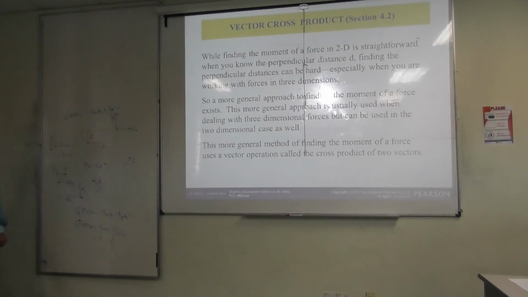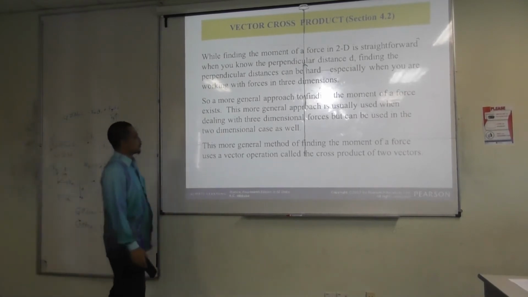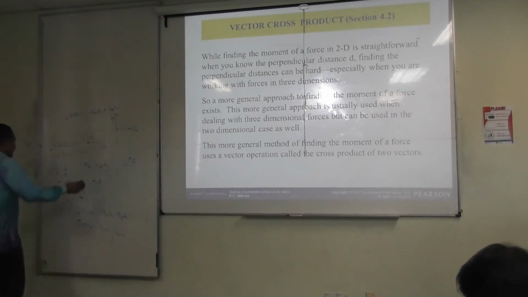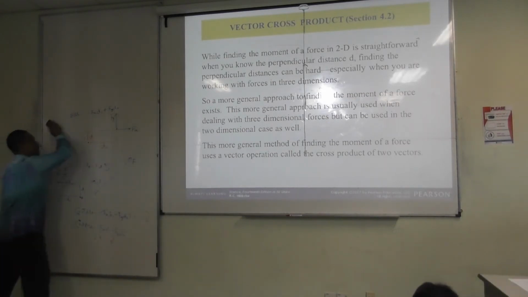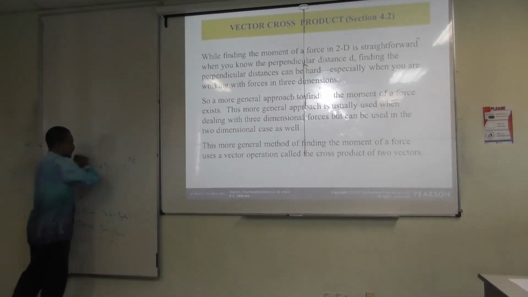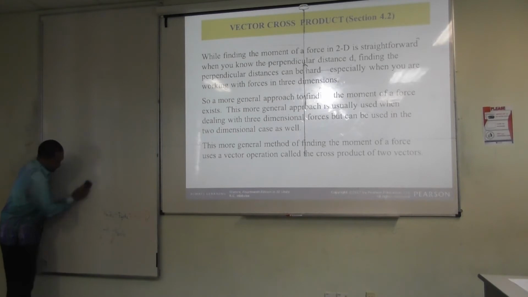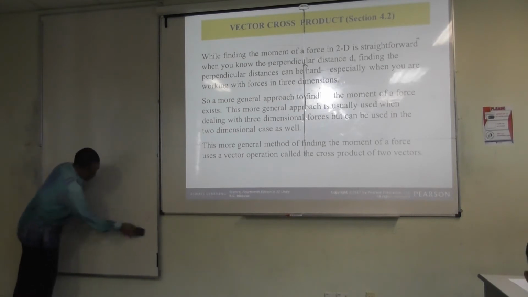So there must be some better way, and normally in 3D, the easiest way is to use vector operations. For vectors, we have covered the dot product before. Now we will cover or refresh on the cross product. Have you learned anything about cross product before? You have. Alright. So the new thing is how to use that.